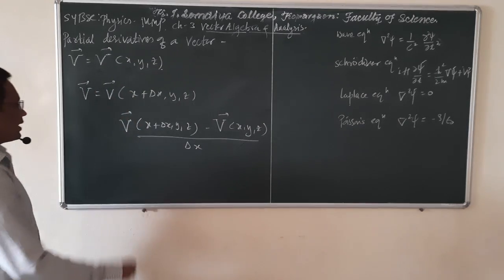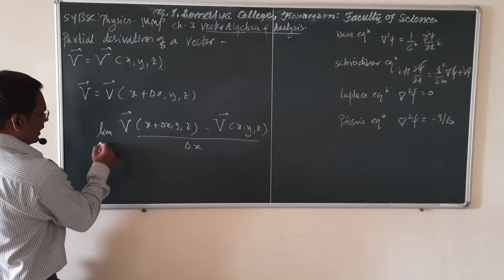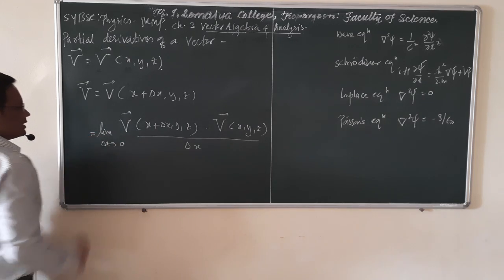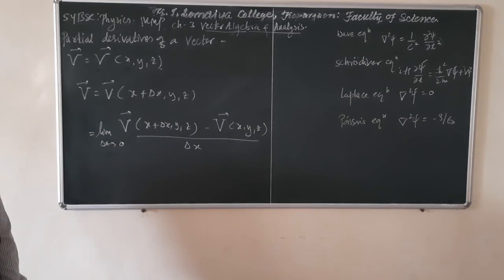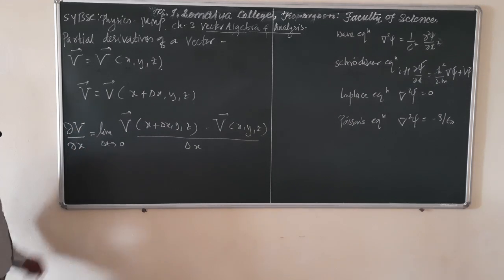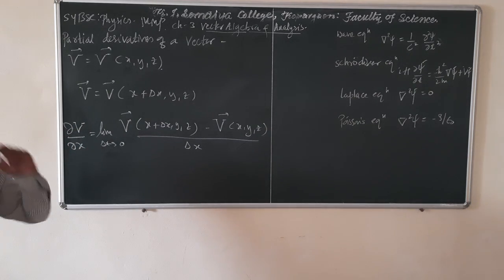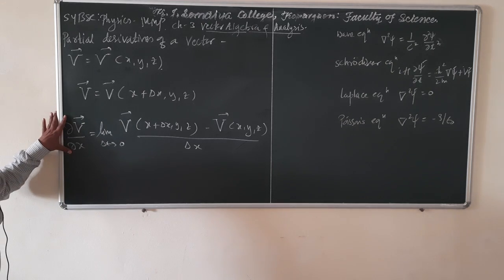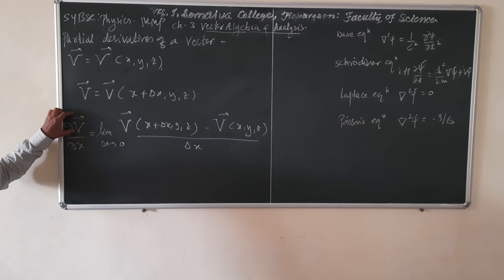If you take the limit as delta x tends to 0, this is the definition of the partial derivative of this vector function with respect to x. This definition is similar to that for scalar functions, only here we have a vector valued function.